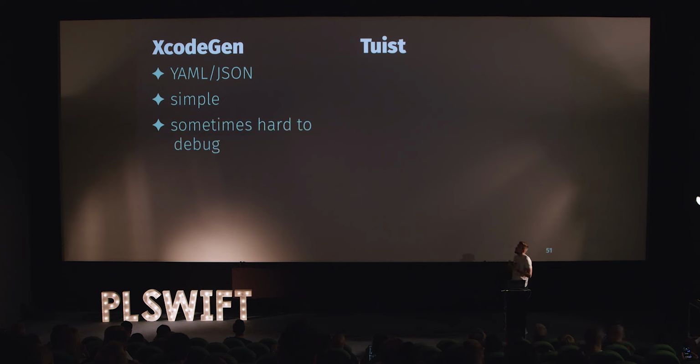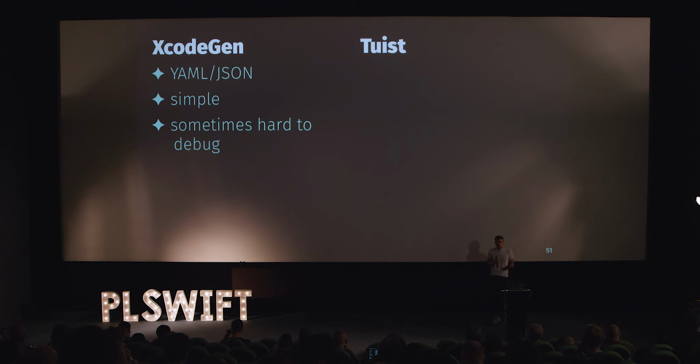But due to the configuration language used, YAML or JSON, it's sometimes hard to debug because you do not have any support from a compiler. So if you make any typo in a key name or something like that, you won't get feedback until you try to run XcodeGen generate, which will give you an error, which sometimes is not that descriptive, or the project might generate, but it won't compile.